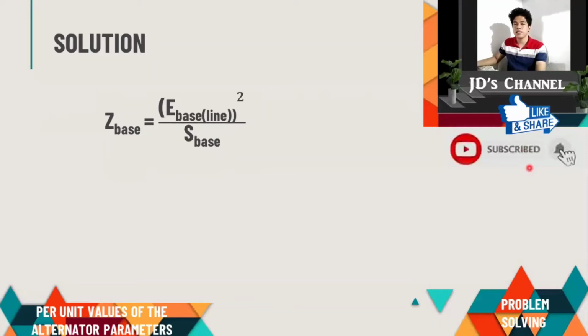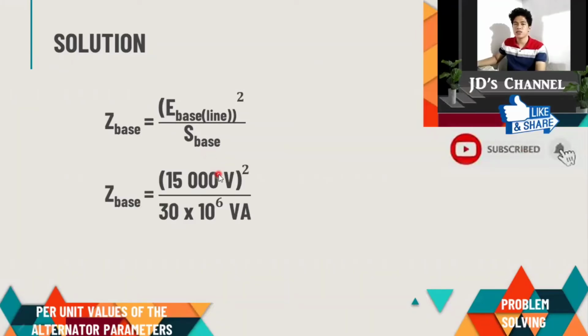So we go now, class, to the solution. So ito yung ating formula, class. Z base is equal to E base quantity squared over ating S base. And then class, i-substitute na natin yung mga given nating values. So, ayan.